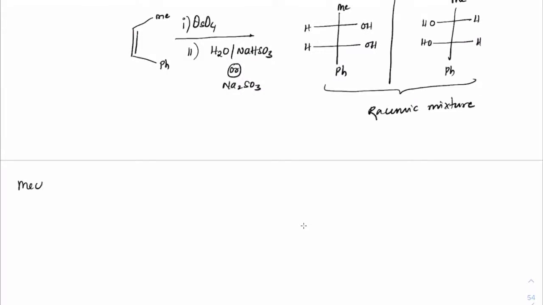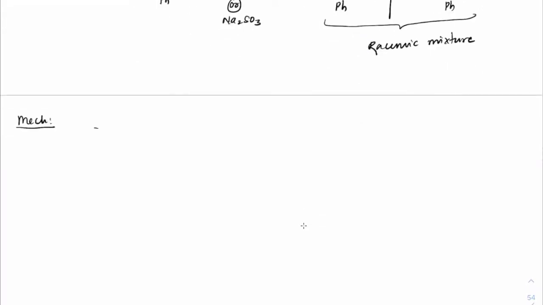So let us see the mechanism here. This cis form which we took, Ph here, will do the same thing here with osmium. It would attack on these double bonds. So this pi attacks on oxygen, and this oxygen's lone pair attacks on carbon. It will form an ester here.